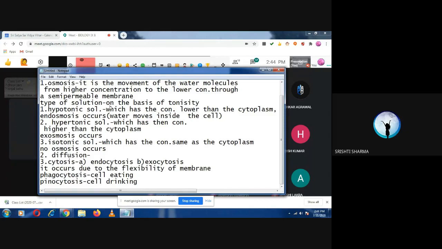Ma'am, can you write it on this notepad? Okay, I write it: cytosis.